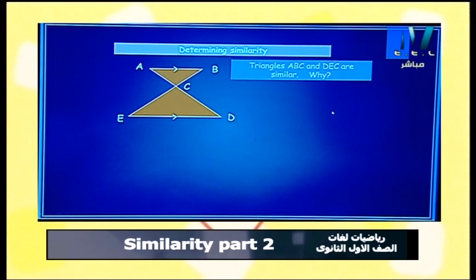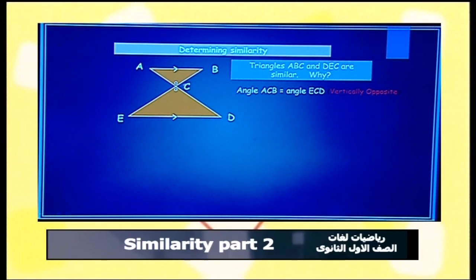Let's go to the next slide. We have determining similarity. Triangles ABC and DEC here are similar. Ask yourself why they are similar. We have here angle ACB congruent to angle ECD.